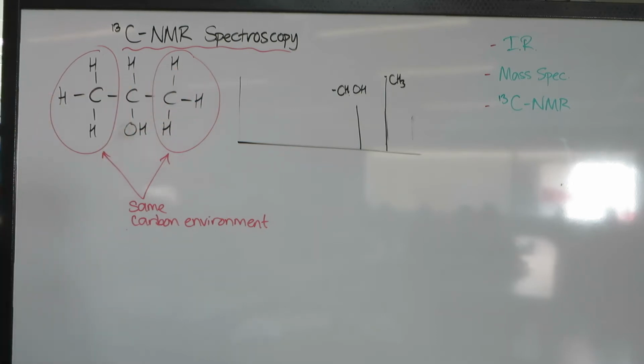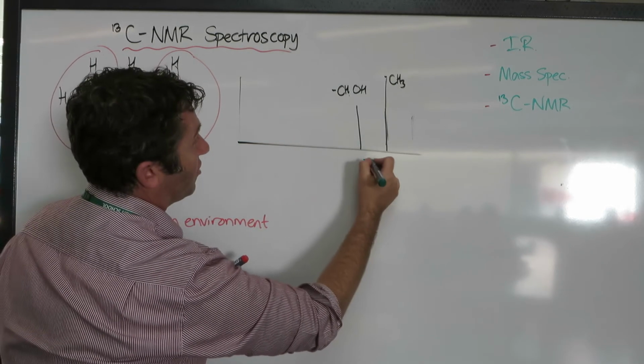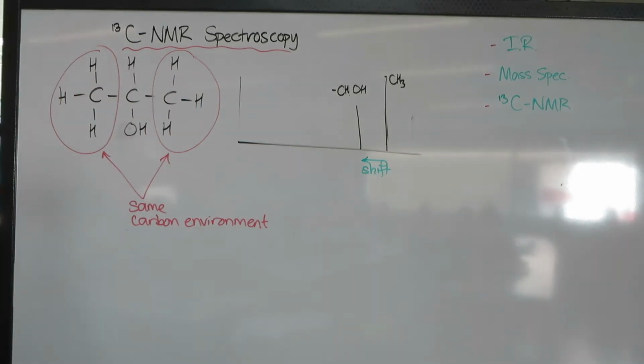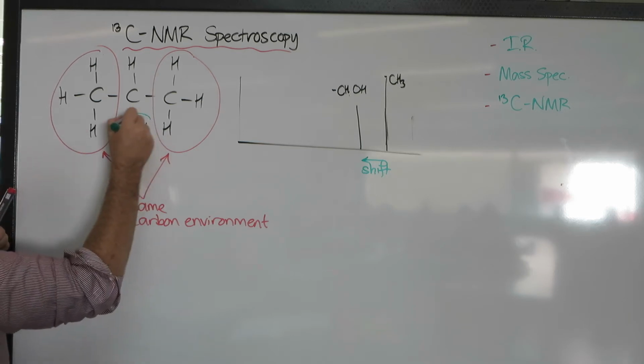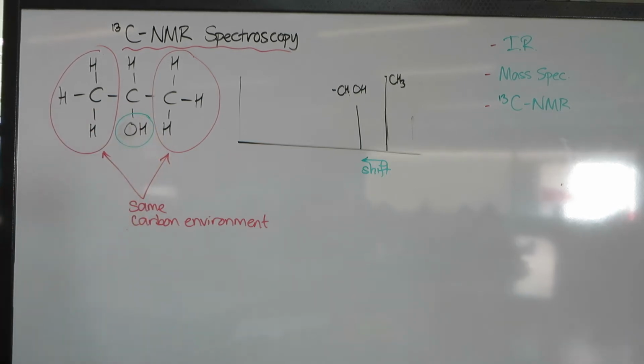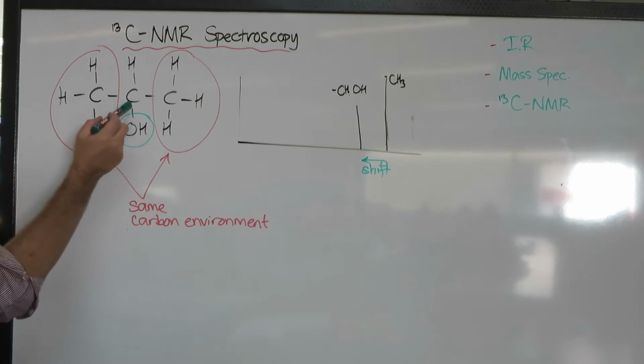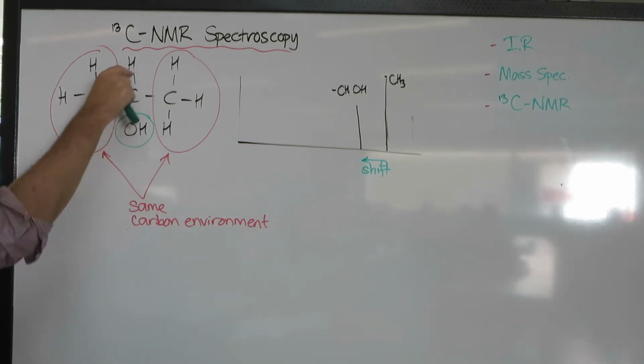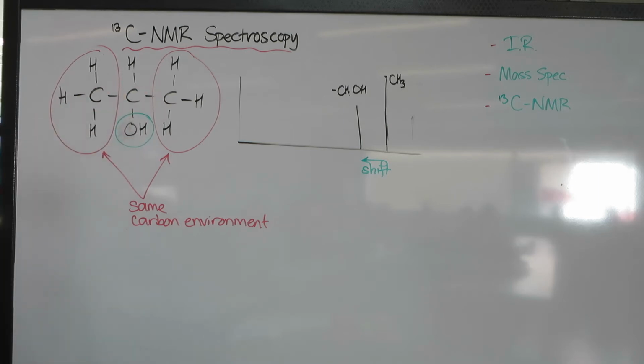Then what we find is that there is a thing called a shift that is caused by functional groups. In this case, our OH has caused a shift. So this has affected the size of these carbon-carbon bonds, just subtly, and their strength.